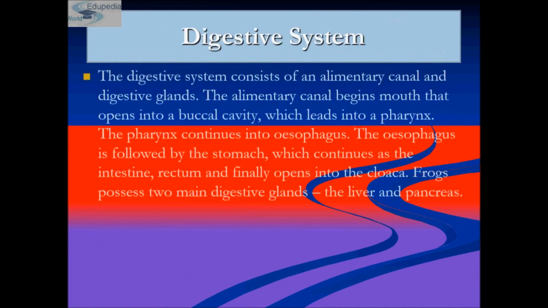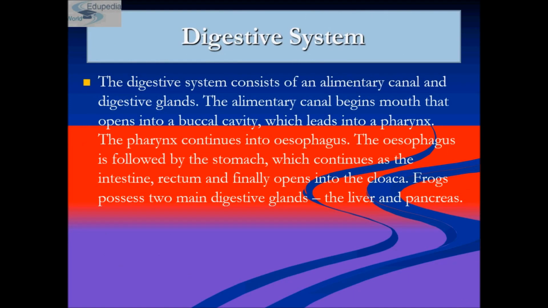Okay. Now comes the digestive system. We'll be studying the digestive system, respiratory system, nervous system, excretory system, and reproductive system of the frog, one by one. But in this presentation, we'll be studying only the digestive system of frogs.